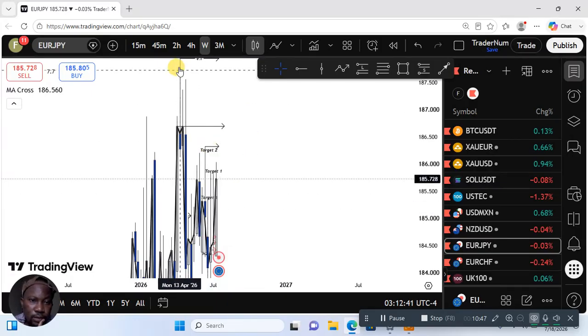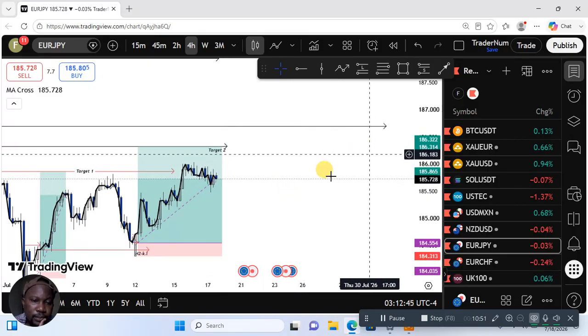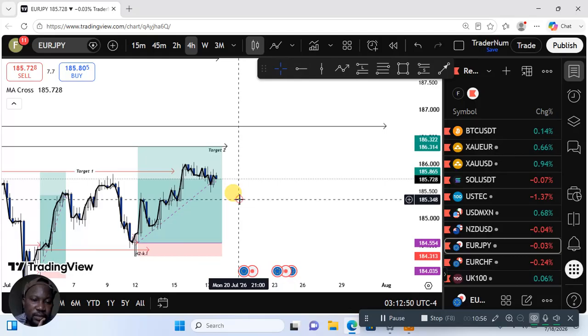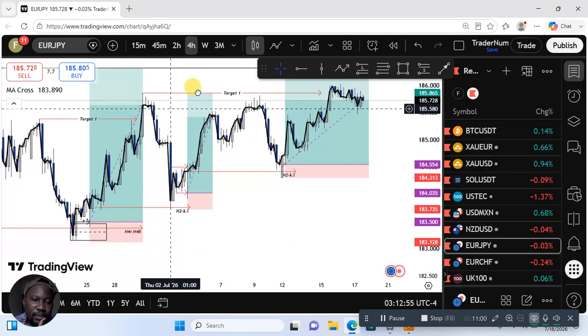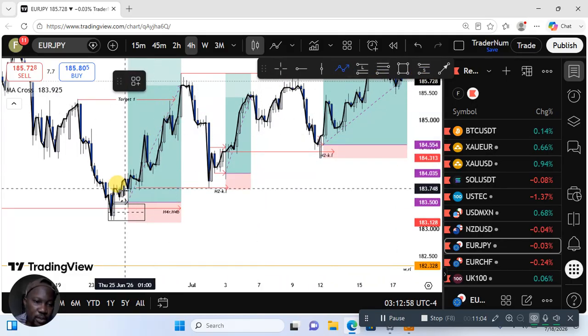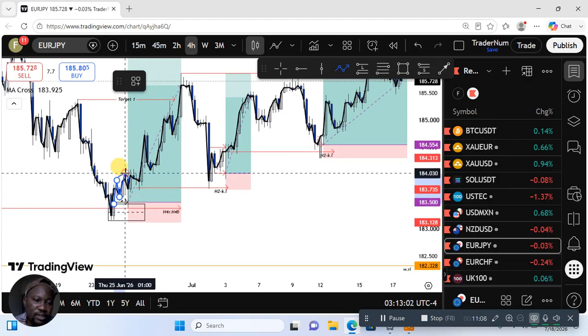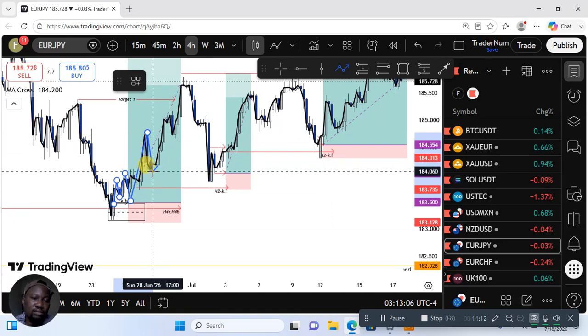Now let's go back to the 4 hours. Once we have gotten that entry and we are targeting this high, remember, price moves like a wave. Price goes up, comes down, goes up. These are all internal range liquidity and breaks. Got the first internal break.